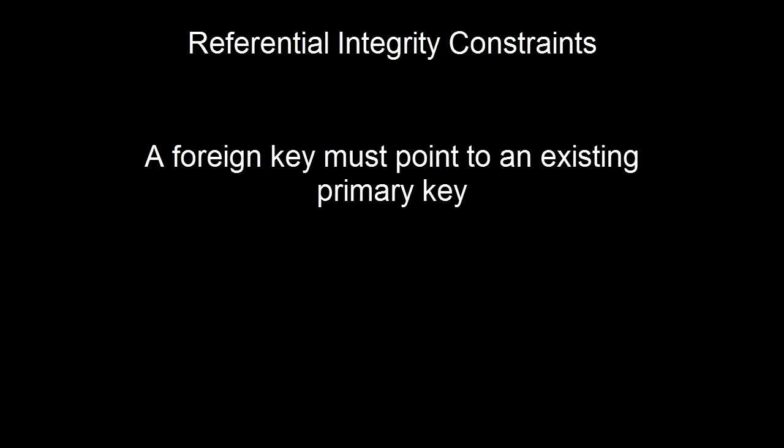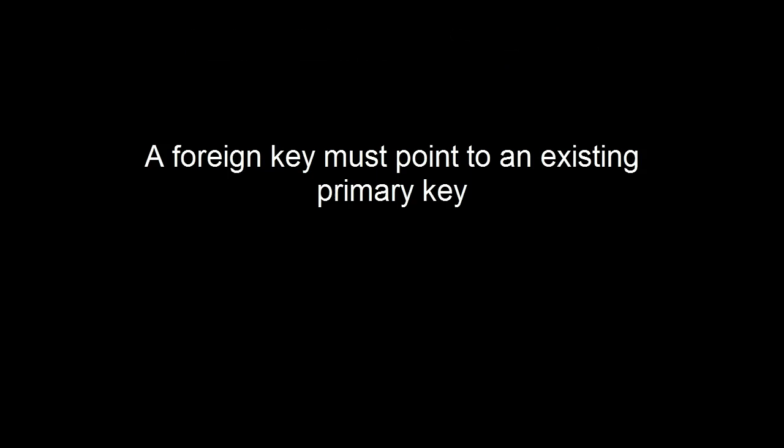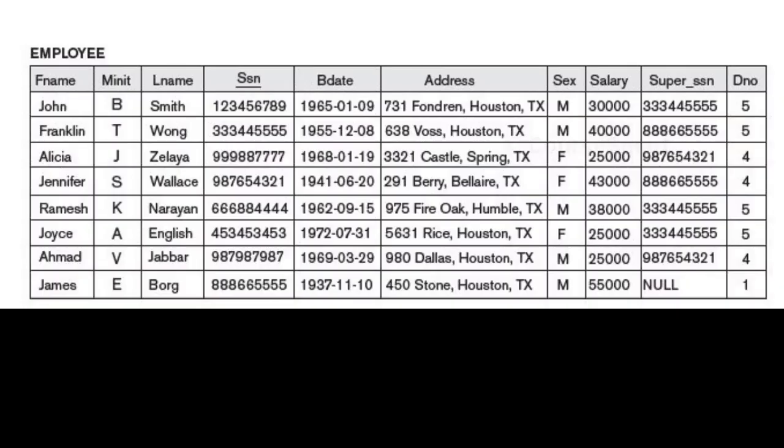A good working definition of a referential integrity constraint is a foreign key must point to an existing primary key. Unlike foreign keys which are created when the database table is created, referential integrity is constantly being checked as the database is being used. Let's take a look at an example of something that would break referential integrity. Currently, every dependent in our company database has an associated employee.